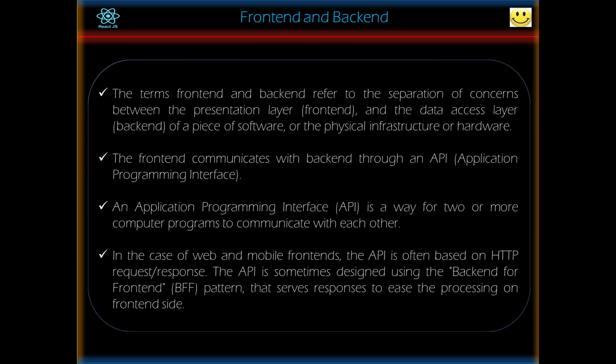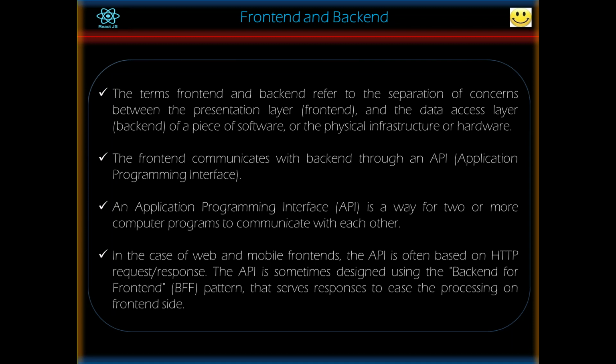The terms front end and back end refer to the separation of concerns between the presentation layer, front end, and the data access layer, back end, of a piece of software or the physical infrastructure or hardware.